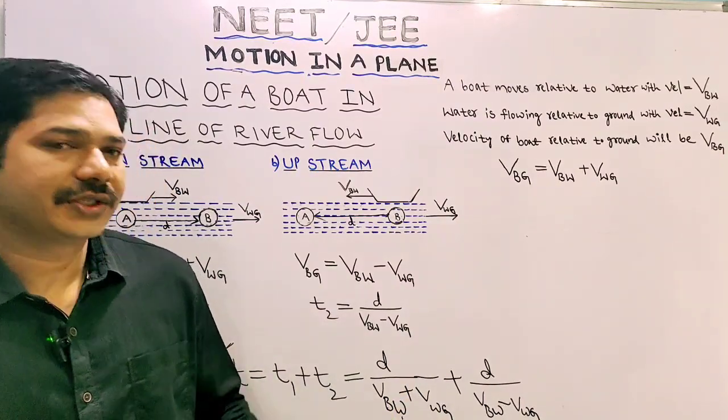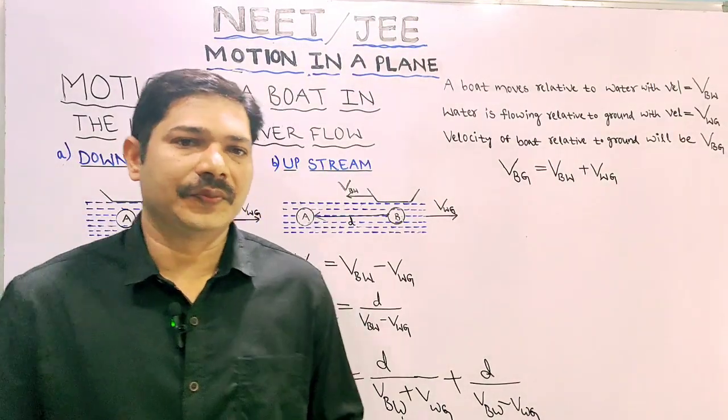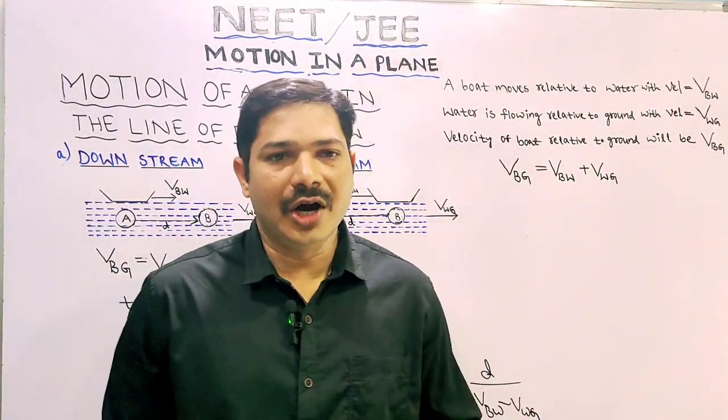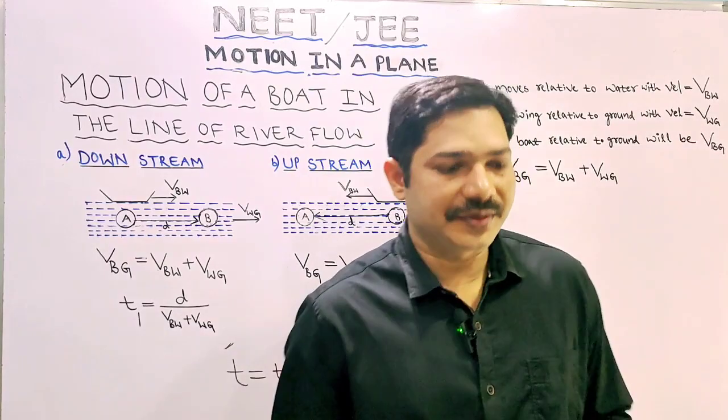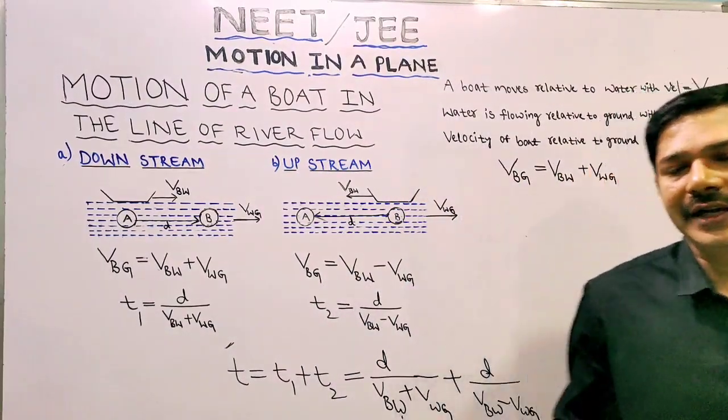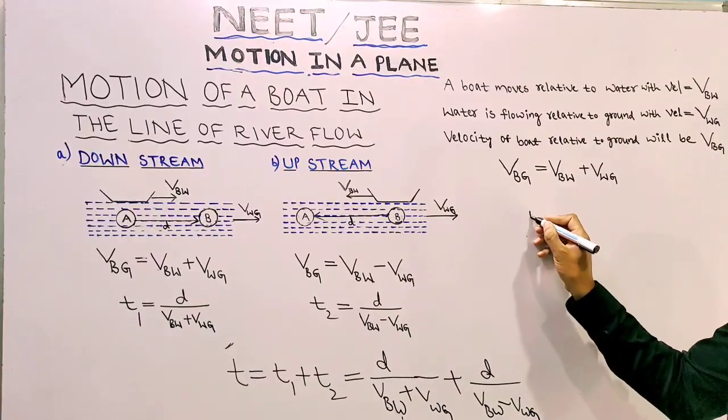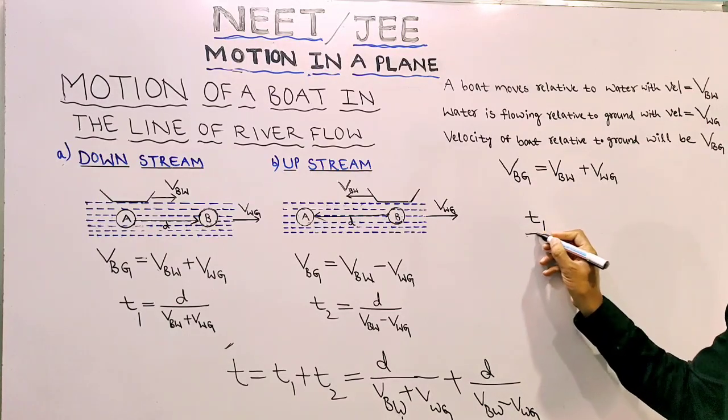Next, sometimes they ask for the ratio of downstream to upstream times taken. So how do we find the ratio? I am taking T1 divided by T2.